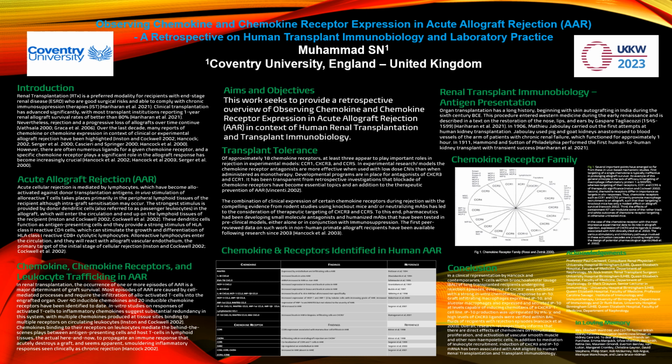In 1906 Mathieu Jaboulay carried out one of the first attempts at human renal transplantation, and intriguingly used pig and goat kidney, anastomosed, or joined, to blood vessels of the arms of patients diagnosed with chronic renal failure, which functioned for approximately 1 hour.